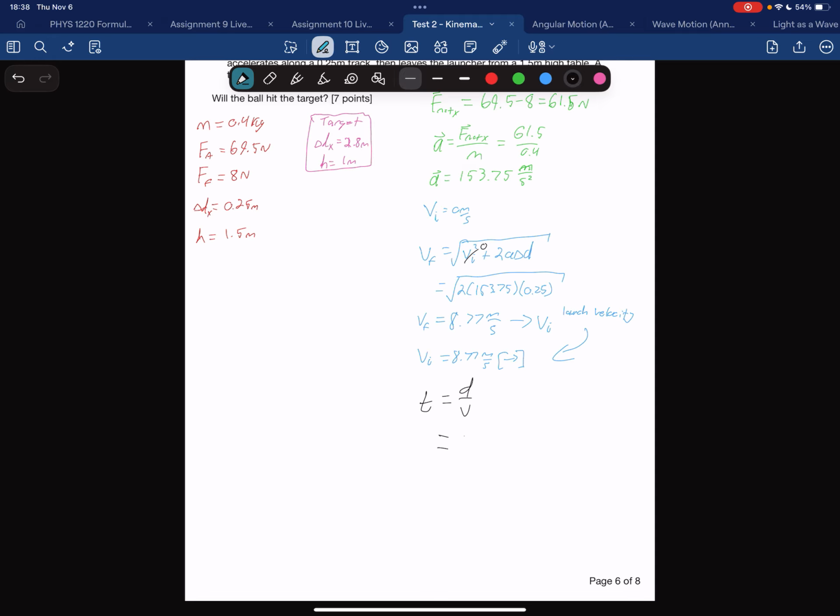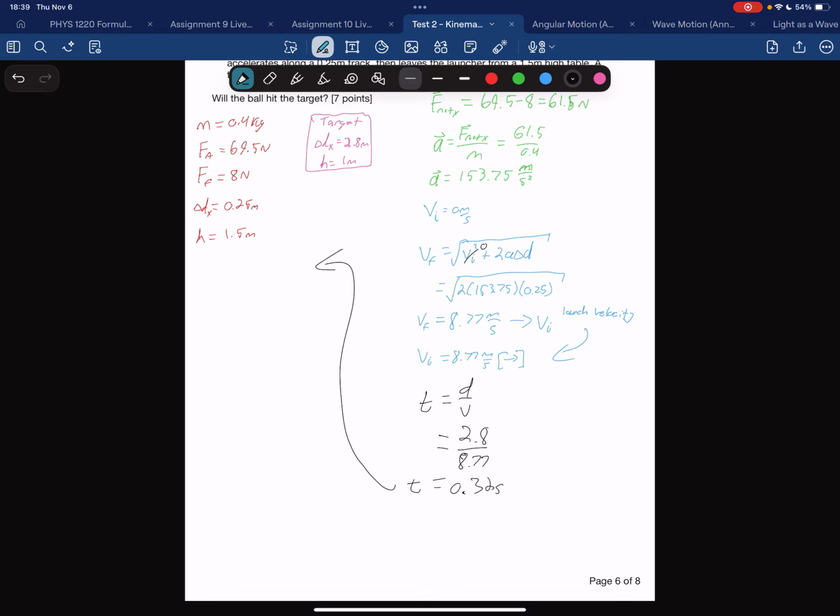So I'm looking for the time it takes to go 2.8 meters, the full distance to the target, at a speed of 8.77 meters per second. This gives us a time of 0.32 seconds. So I know it takes 0.32 seconds to get to the target.